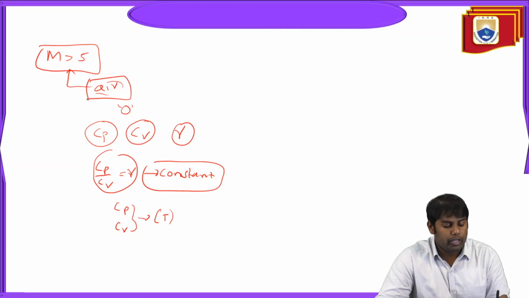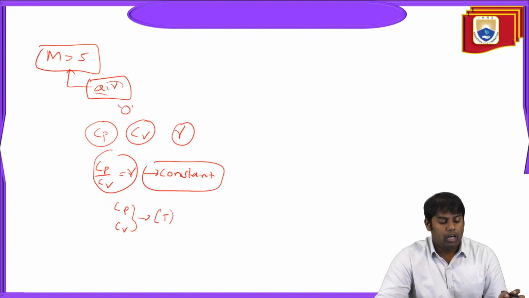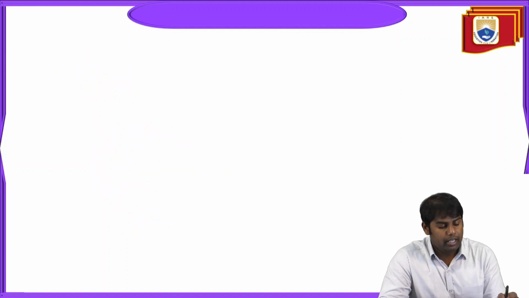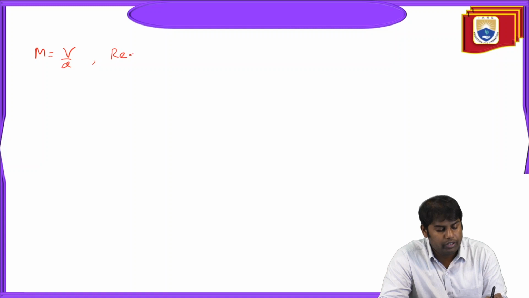And one more thing, you cannot use simply air for the experiment, or numerical simulation. Now, having this knowledge, what is the key thing we have? We have the Mach number, which is V by A, and we have the Reynolds number, which is rho V L by mu. Okay.